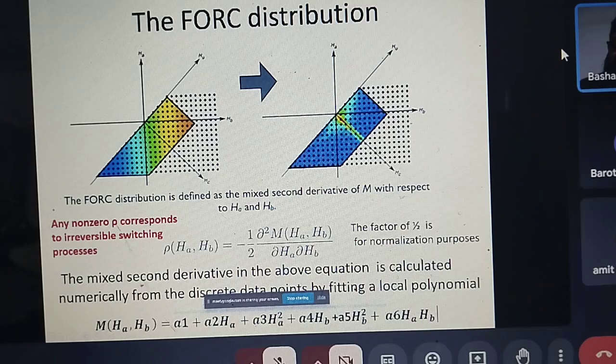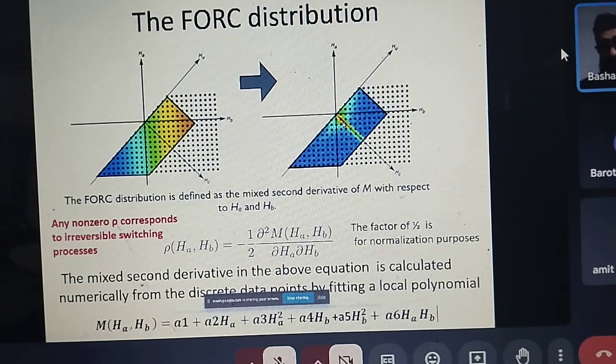And as you can see, this distribution is now concentrated on this coercivity line, on this HC line. All other blue colored means zero, it means nothing. But the colors which appear here, such as red or yellow or green, are concentrated about that coercivity line. They tell us information about our system.